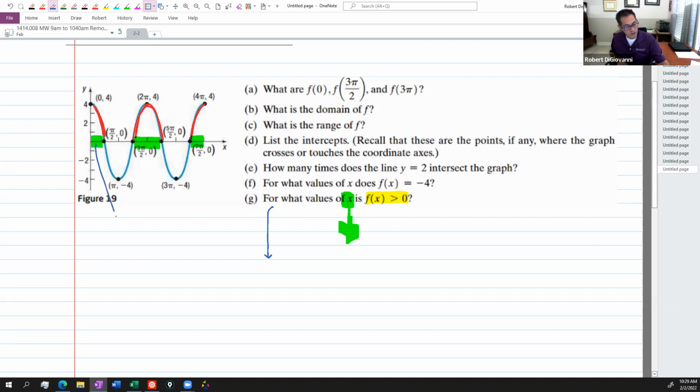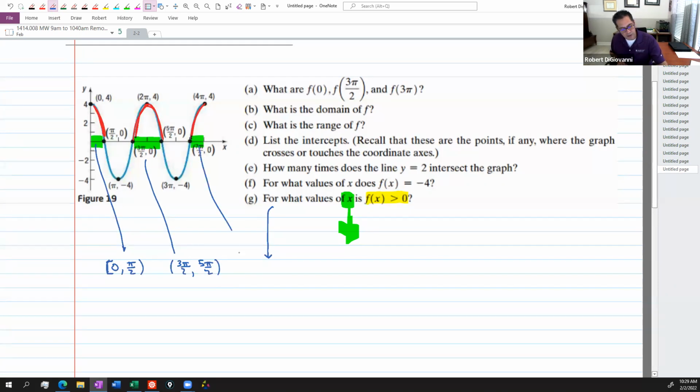So this first region here is everything from 0 to pi over 2. This region here is everything between 3 pi over 2 to 5 pi over 2.